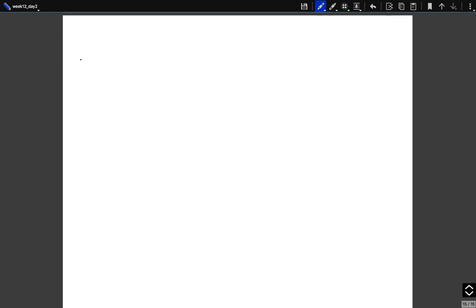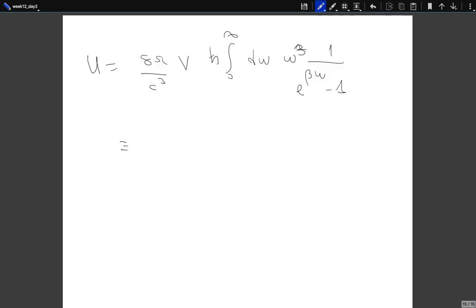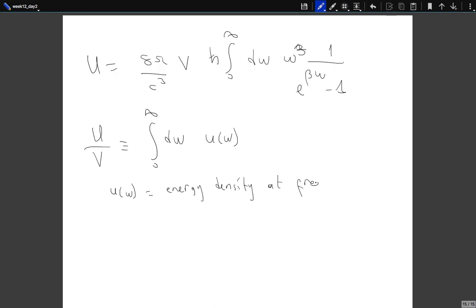This is the total energy, which I can write as integral from 0 to infinity d omega U of omega, or let's say U over V. This is the energy density at frequency omega.